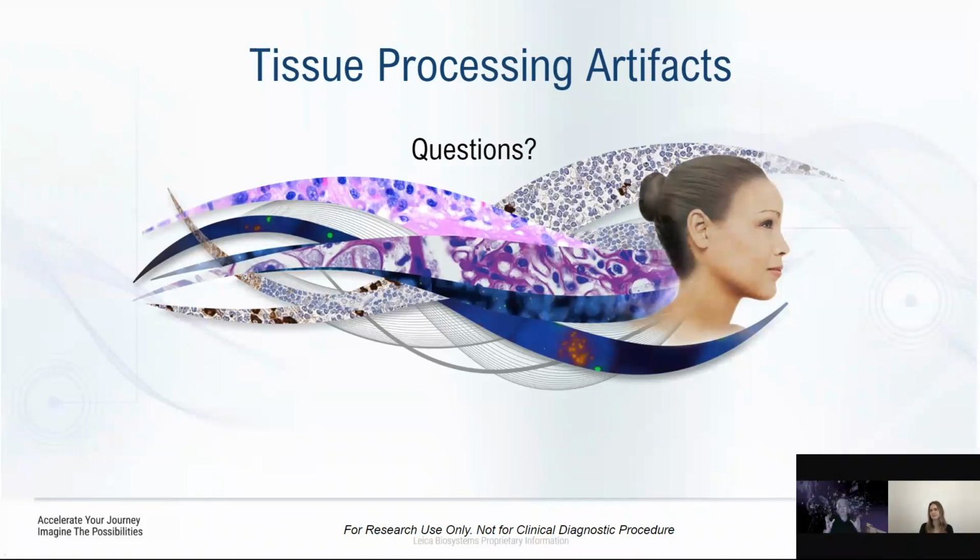So make sure that when you open a fresh box or container of NBF, you pH it, because we have seen where the pH is way off and has done some damage. That took us a while to nail down, because we had to look at every step going backwards from the slide to the block, back to the processing schedule. Finally, we discovered it was the commercially available NBF that was the culprit. So just make it a practice that when you open it, check the pH, make sure it's okay.